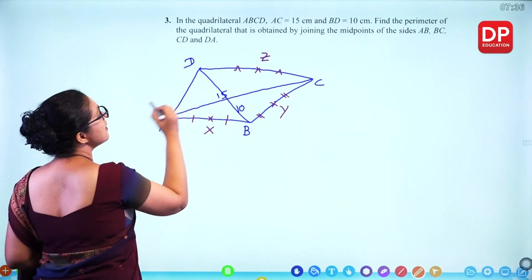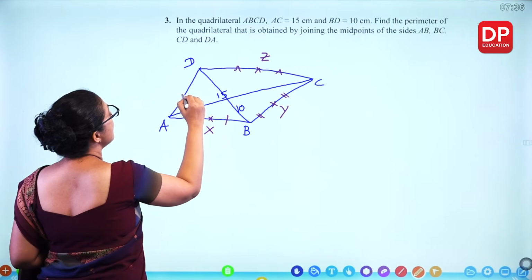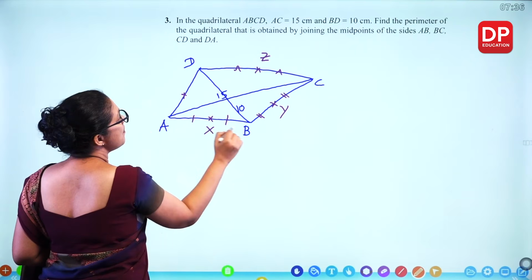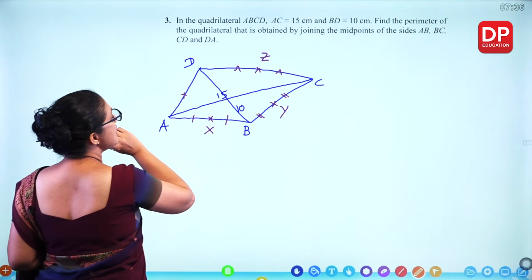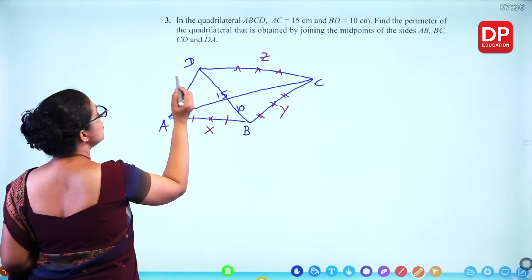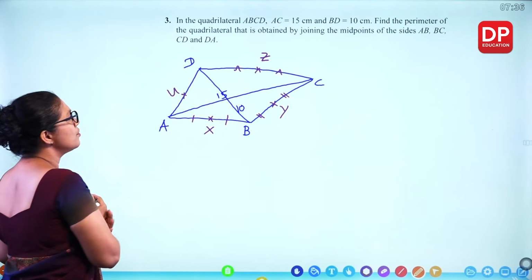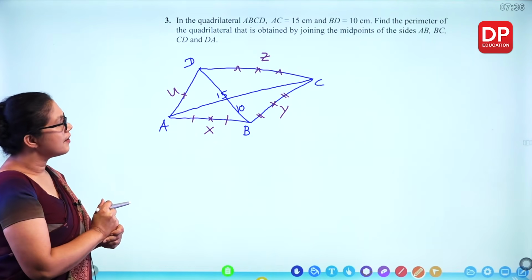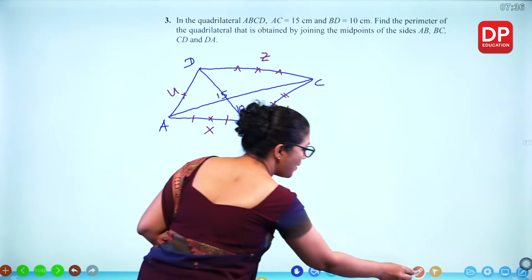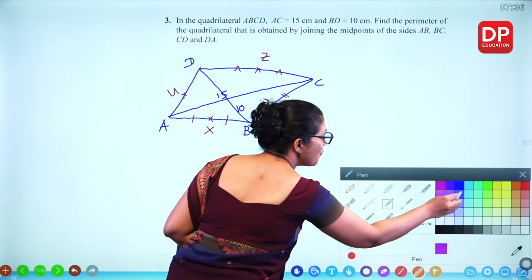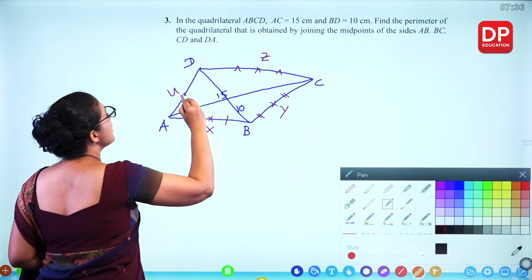I'll take the midpoints as X, Y, Z and U, any letter U. Now they are asking what's the perimeter of this figure.